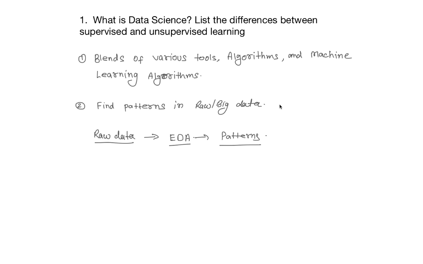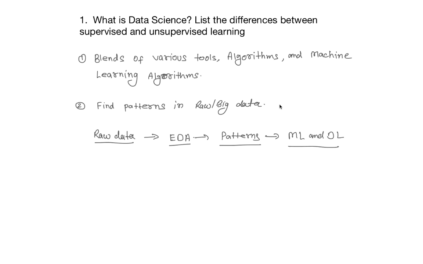Once the data scientist understands the pattern visually or manually, he tries to dig deeper into the pattern. After that, the data scientist applies machine learning and deep learning.